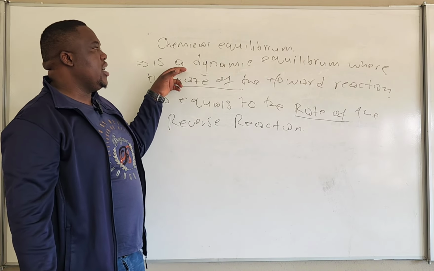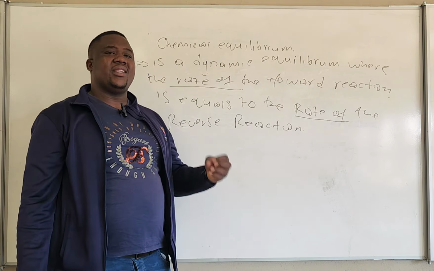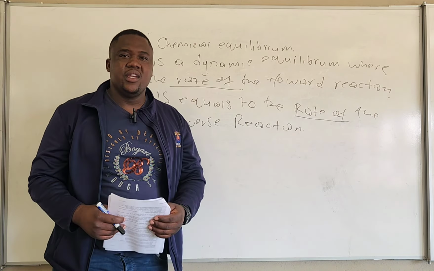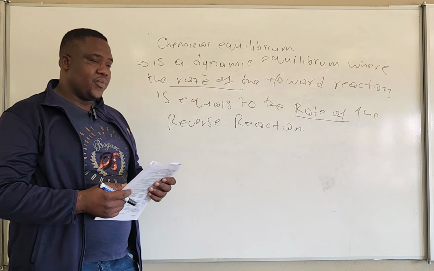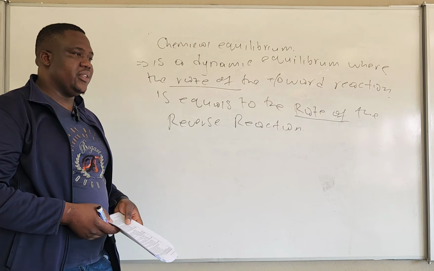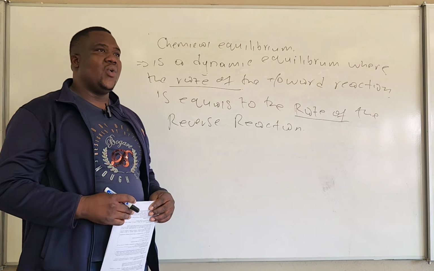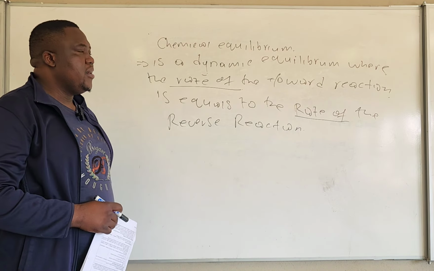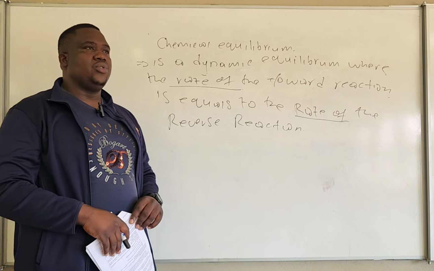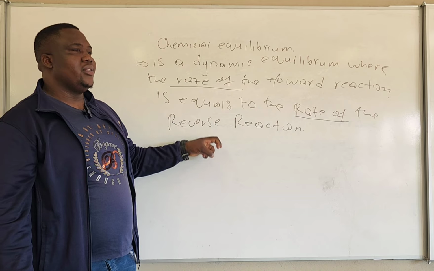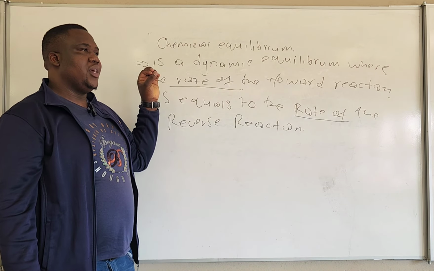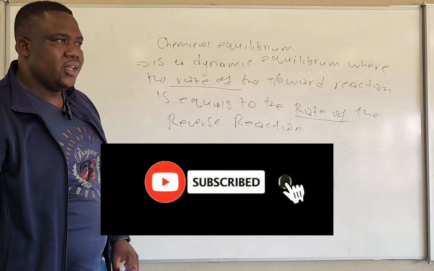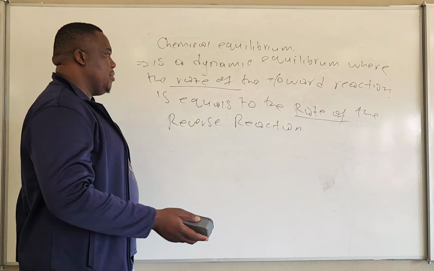Generally, chemical equilibrium is a state in a chemical reaction where the rate of the forward reaction is equal to the rate of the reverse reaction. I hope you now understand, because now I'm going to go into details in chemical equilibrium.